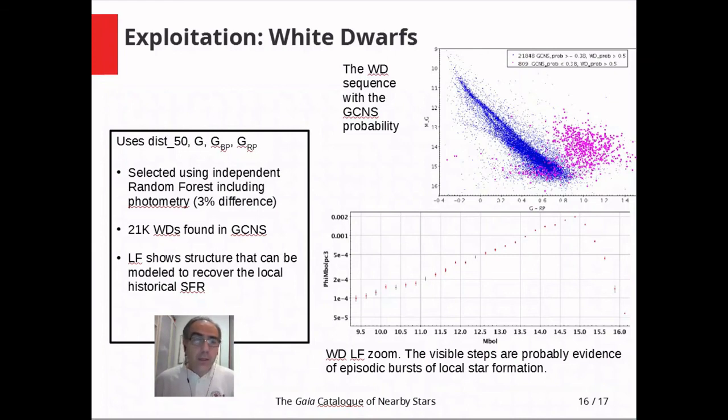And with this sample, we are able to build this complete luminosity function with a lot of details that were not previously seen in other studies. In particular, this region here seems to have a structure in the luminosity function, providing clues that maybe some burst in star formation occurred at this stage where these white dwarfs were created. That could be studied in more detail thanks to this sample.